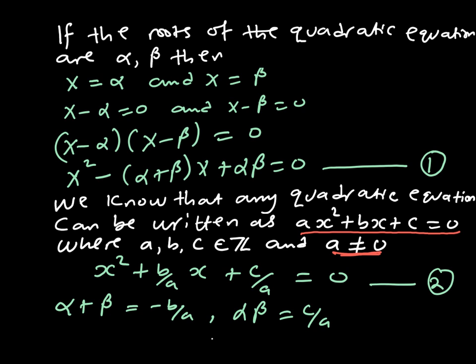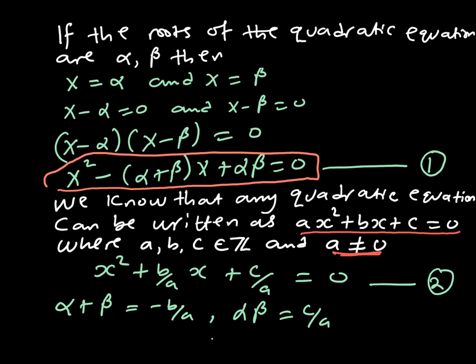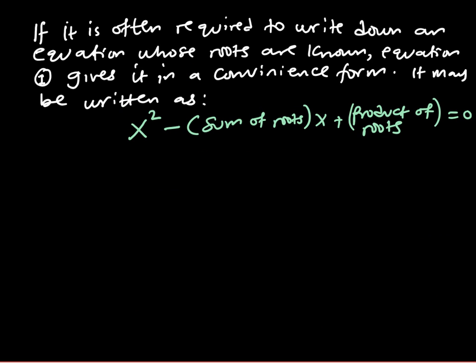Equation 2 can be written in terms of 1, where we have x squared minus the sum of roots, plus the product, is equal to 0. It's the same thing actually.